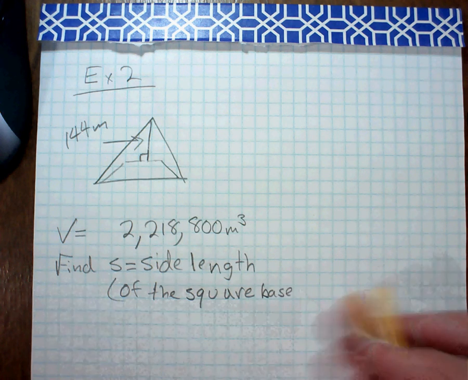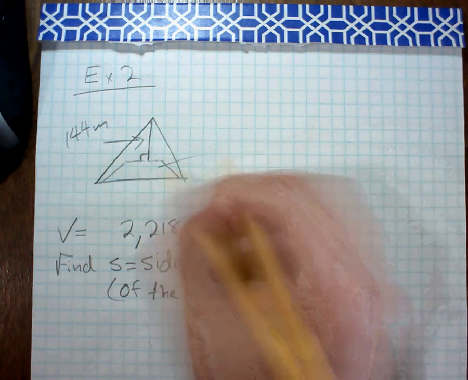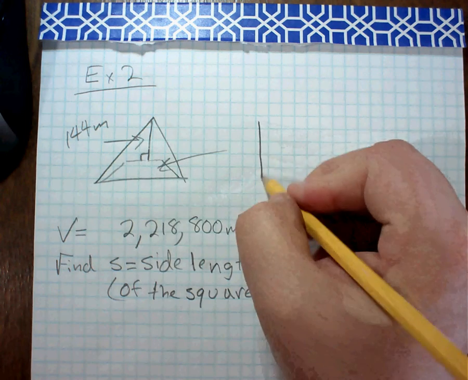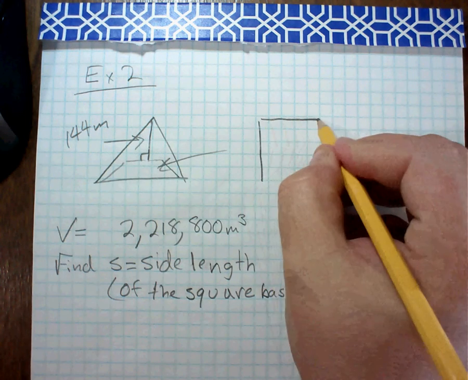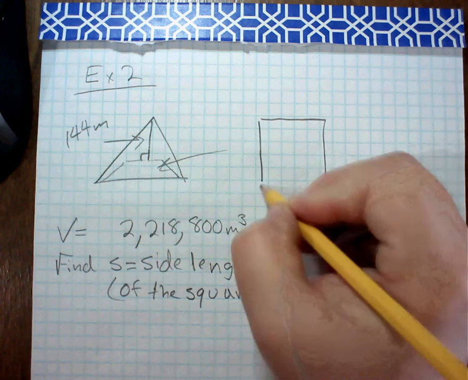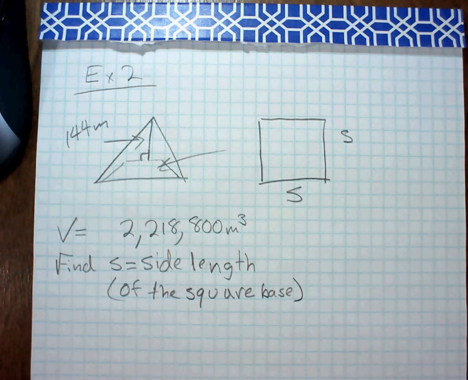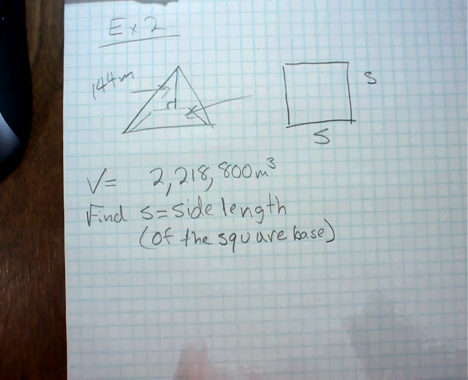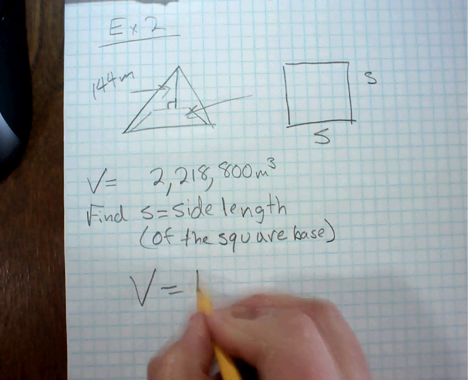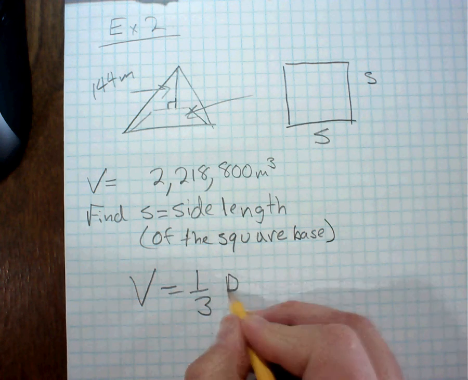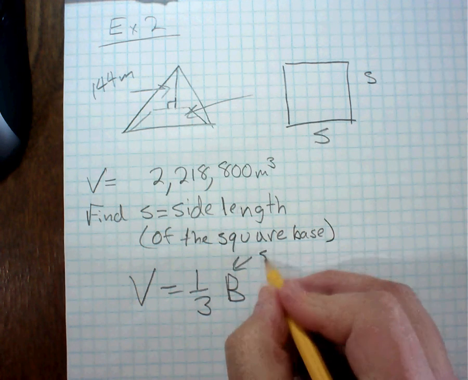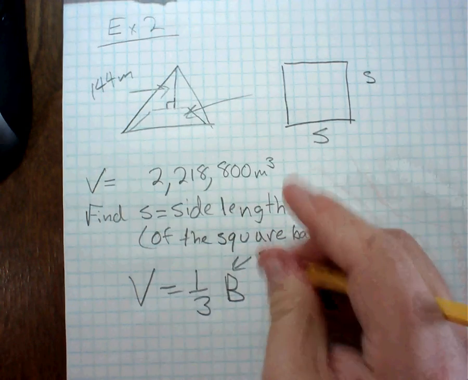Alright, so now what this means is that this has a square base with the side length of S times S. And we know that the volume of a pyramid is equal to 1/3 times the base. This is the area of the base.